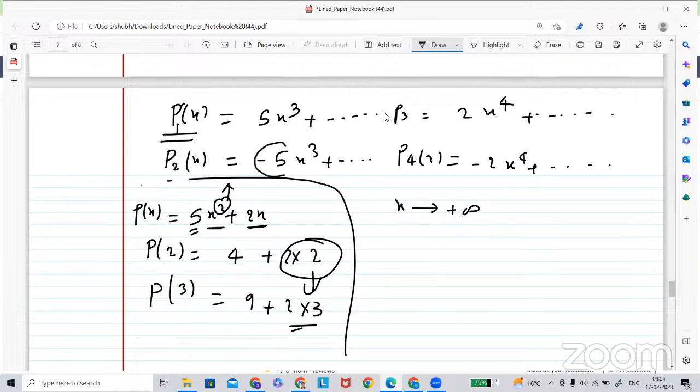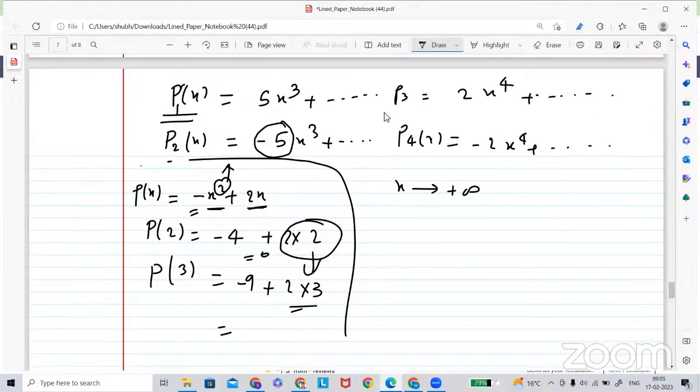Because of the highest degree term, it decides the whole polynomial, as here it is minus, and this gives 0.